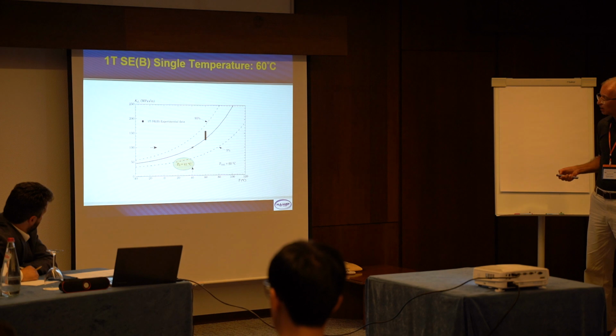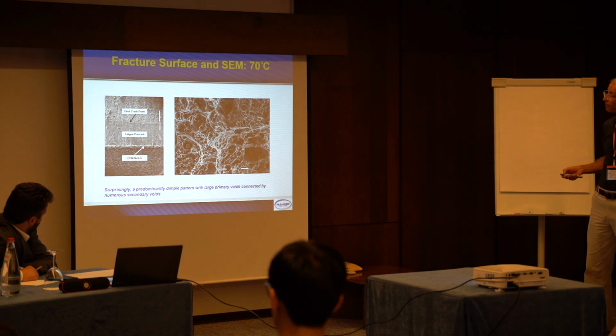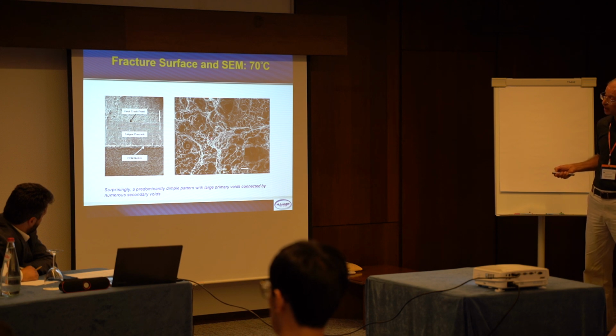At 60, 41. At 70, 45, but surprisingly, even though we didn't have any plasticity in the crack front, we got a lot of dimple structures, which is strongly connected to microvoid coalescence and growth, typical of ductile failure.